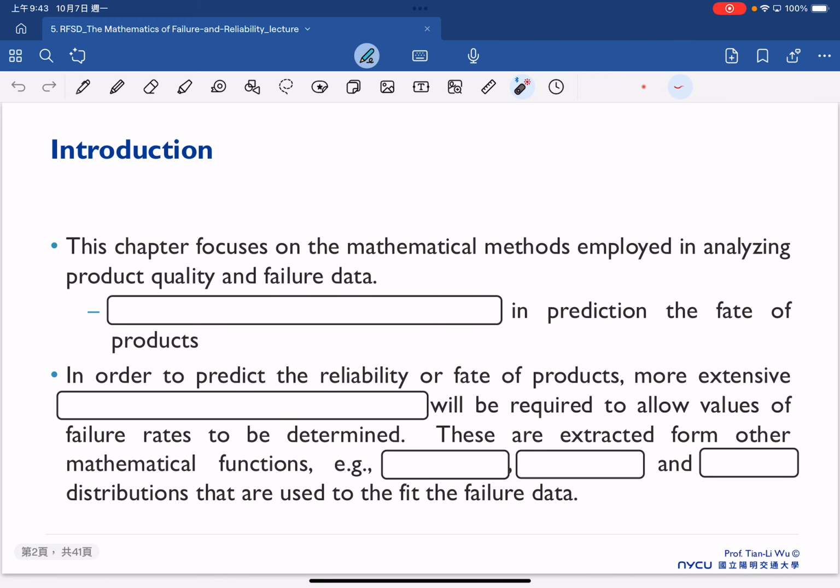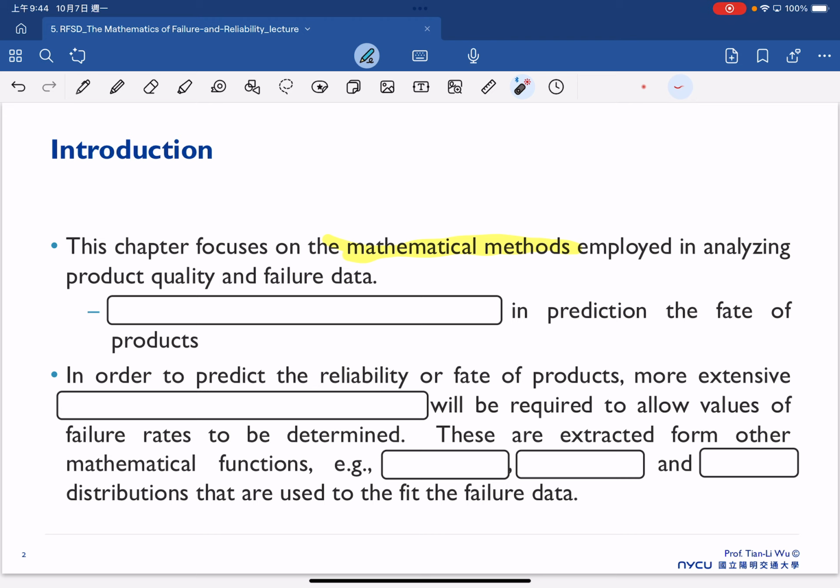So first is introduction. This chapter is focused on the mathematical methods that are employed in analyzing product quality and value data here.